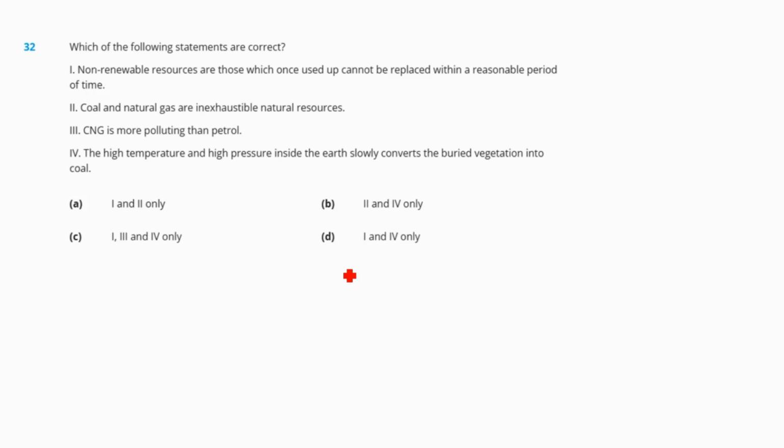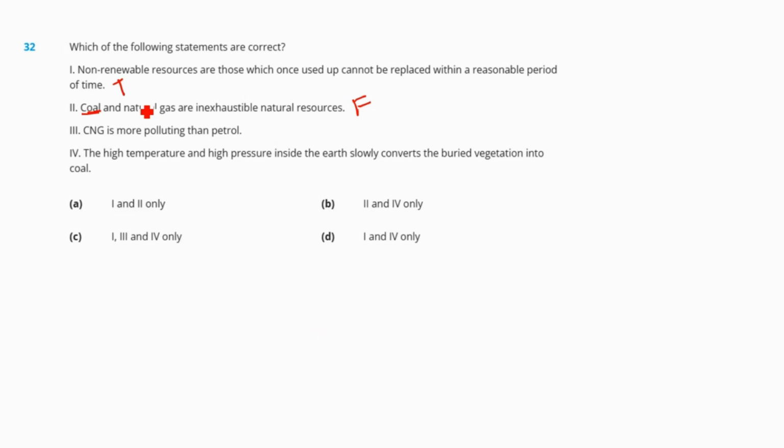Question number 32. Which of the following statements are correct? Non-renewable resources are those which once used up cannot be replaced within a reasonable period of time. So this is correct because we have to be judicious about non-renewable resources. So this is a true statement. Coal and natural gas are inexhaustible natural resources. This is false. These are exhaustible natural resources. CNG is more polluting than petrol.